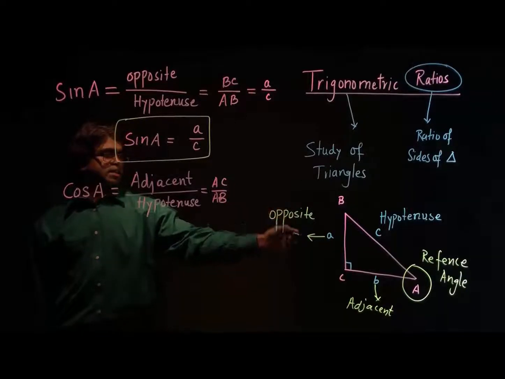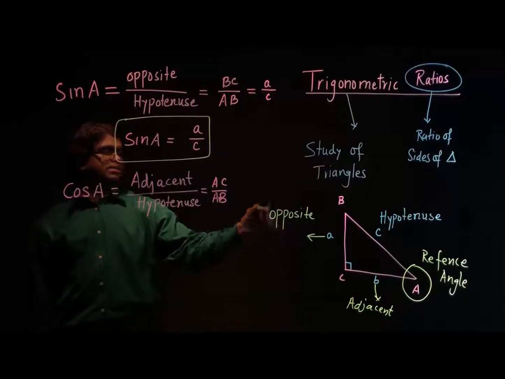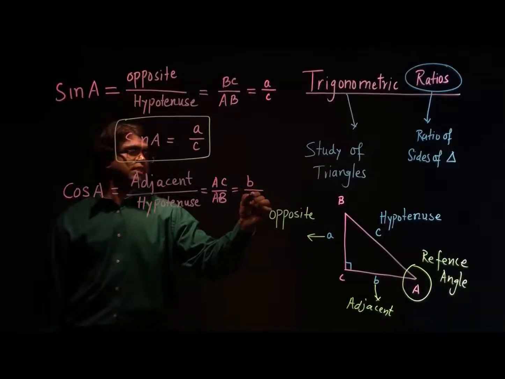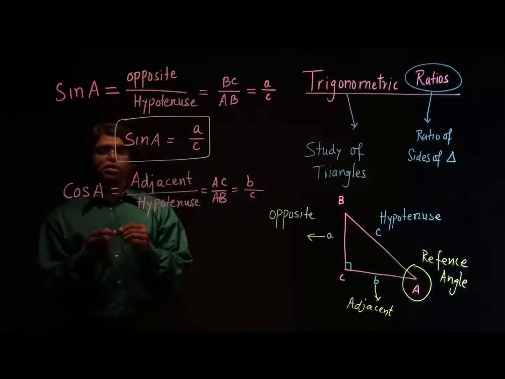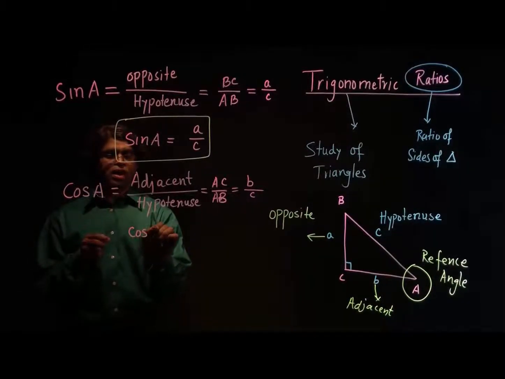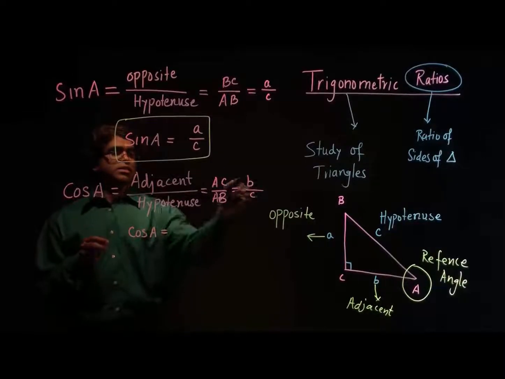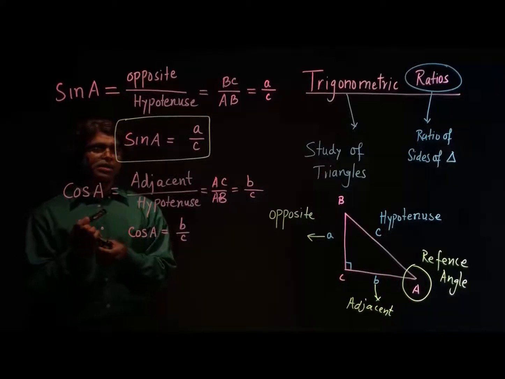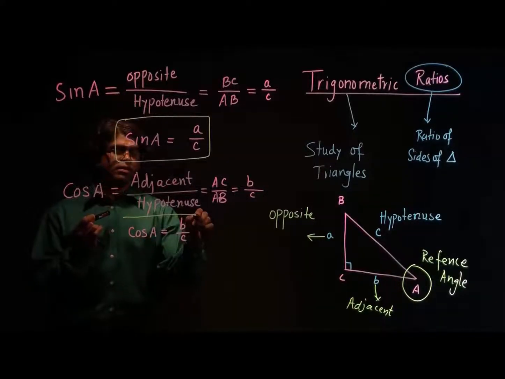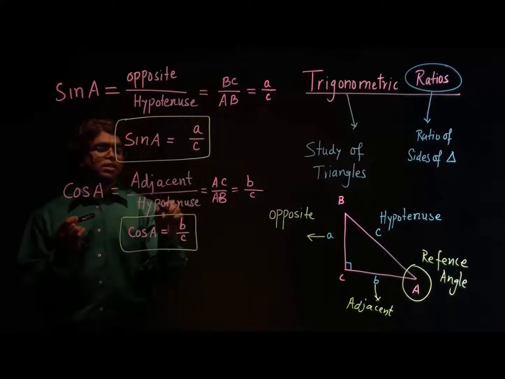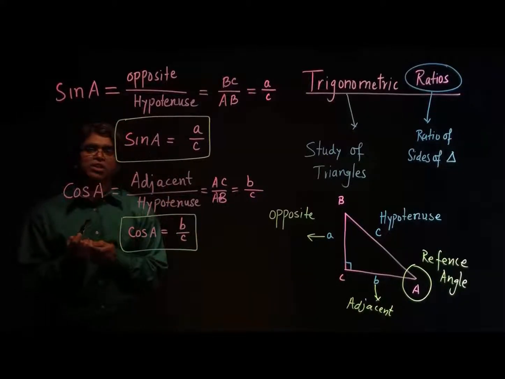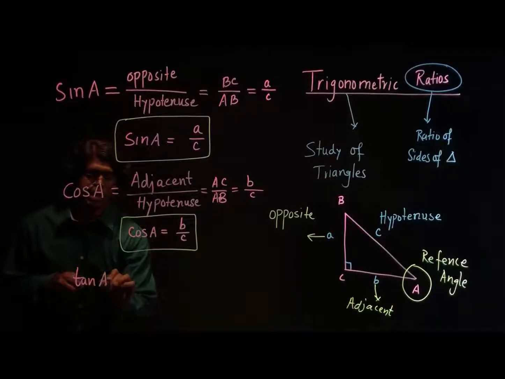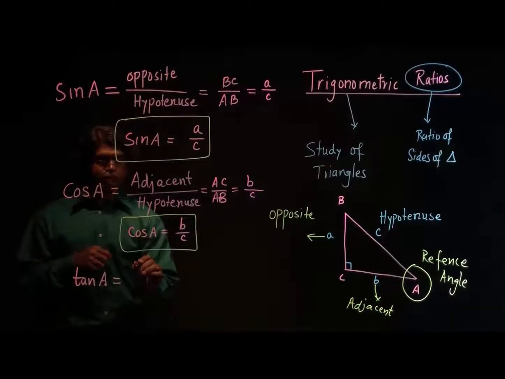My AC is lowercase b, and my hypotenuse is still the same, lowercase c. So I can write cosine A is b over c. And again, this is the ratio of adjacent and hypotenuse.